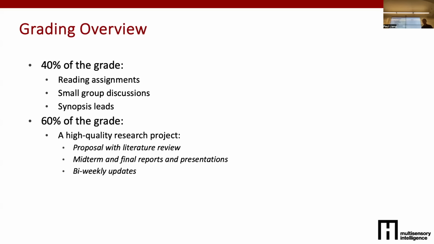And 60% of the grade, you're expected to do a high-quality research project with several checkpoints. Proposal with reviewing the literature, understanding the problem, a midterm with implementations of your ideas, and a final report, more implementation and more error analysis of your ideas. Roughly 40% readings and discussions, and 60% course research project.